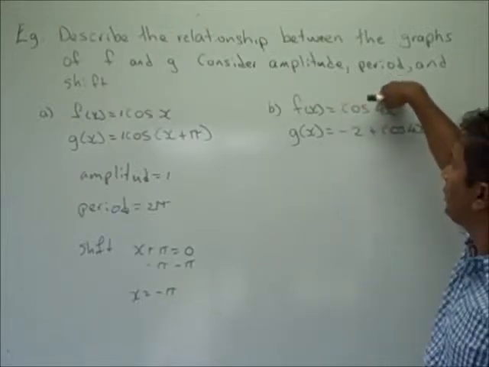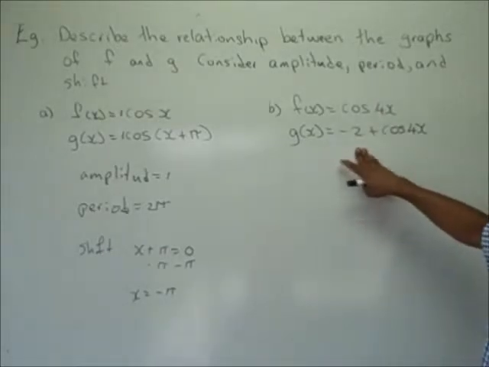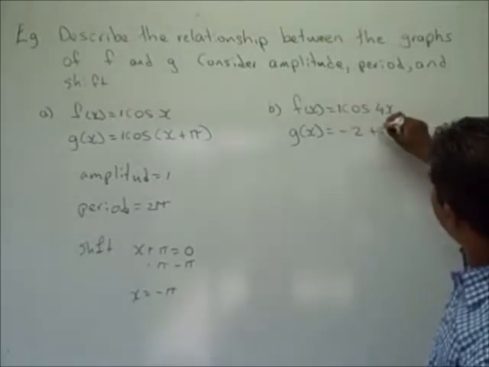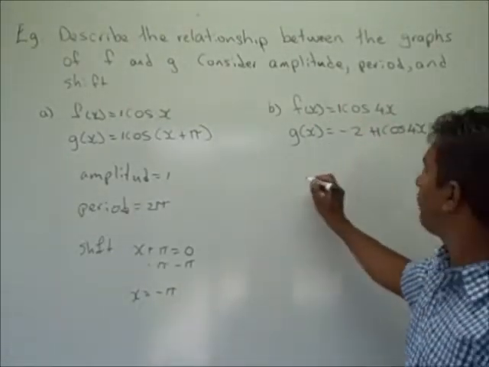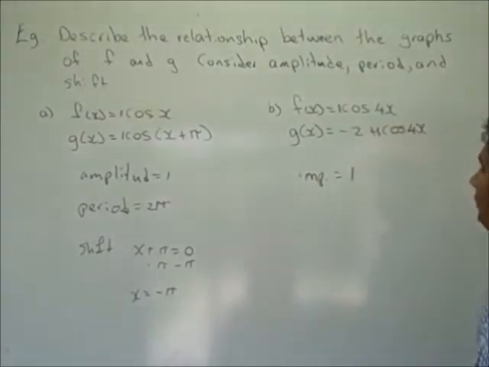Here we have f of x is equal to the cosine of 4x, and g of x is equal to negative 2 plus the cosine of 4x. Once again, the coefficient of the cosine is 1, so our amplitude is equal to 1.